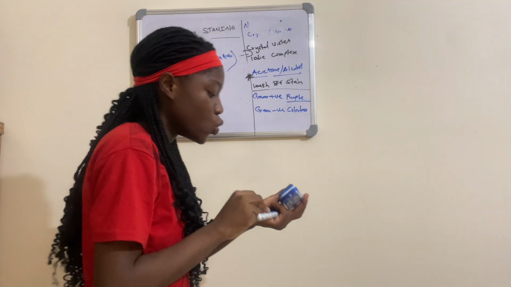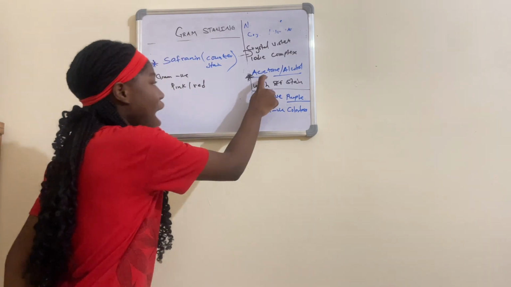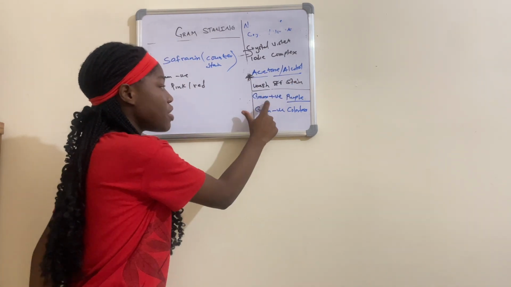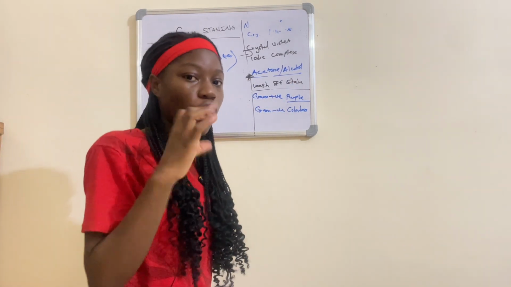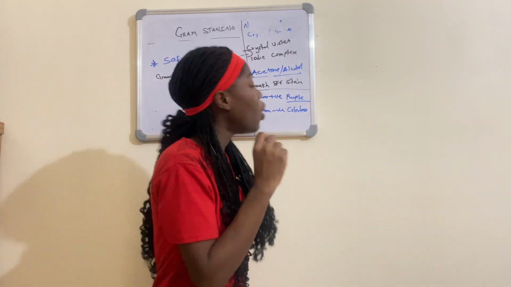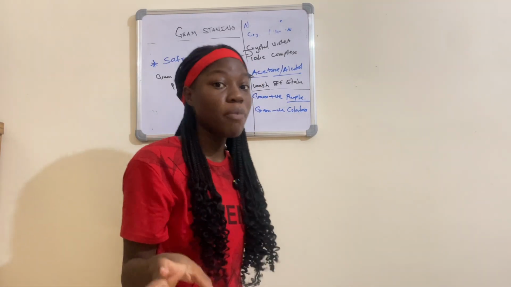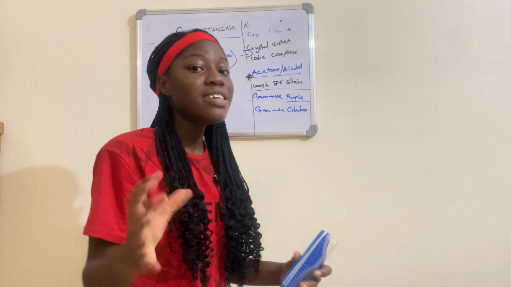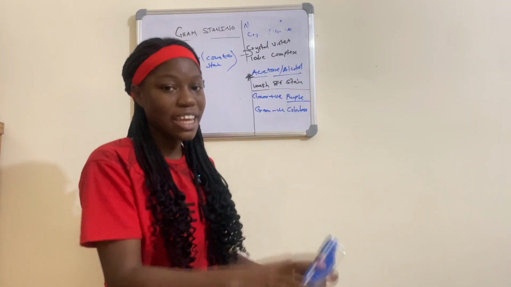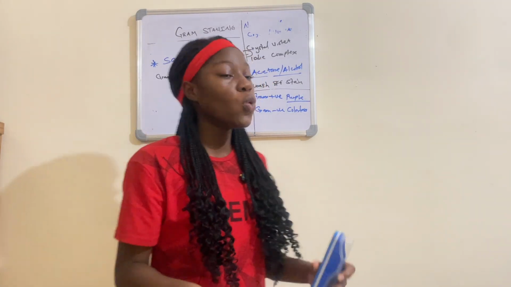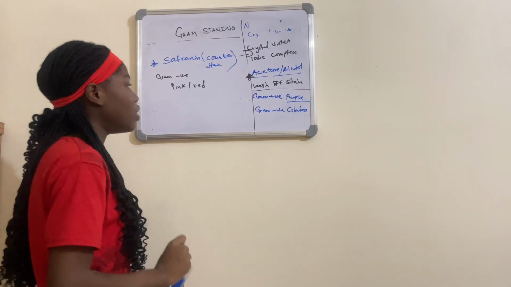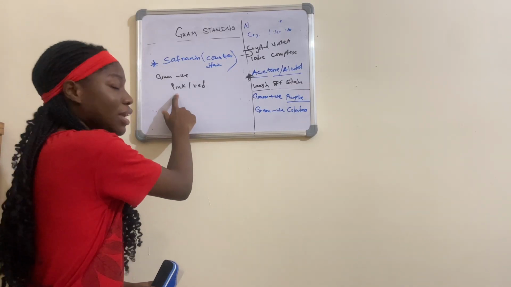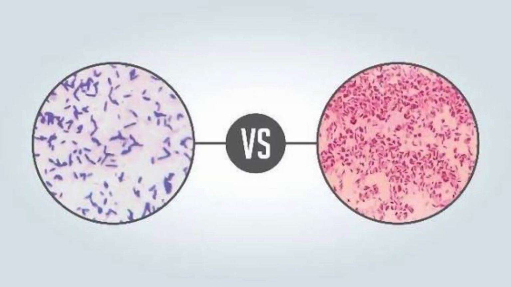So you see, after adding the acetone, the gram-positive bacteria retain the crystal violet color and become purple, while the gram-negative bacteria become colorless. When we add the counterstain, safranin, it stains the cell wall of the gram-negative bacteria, and safranin has a pink or red color. So the gram-negative bacteria now retain that color, and they will look pink or red under the microscope.